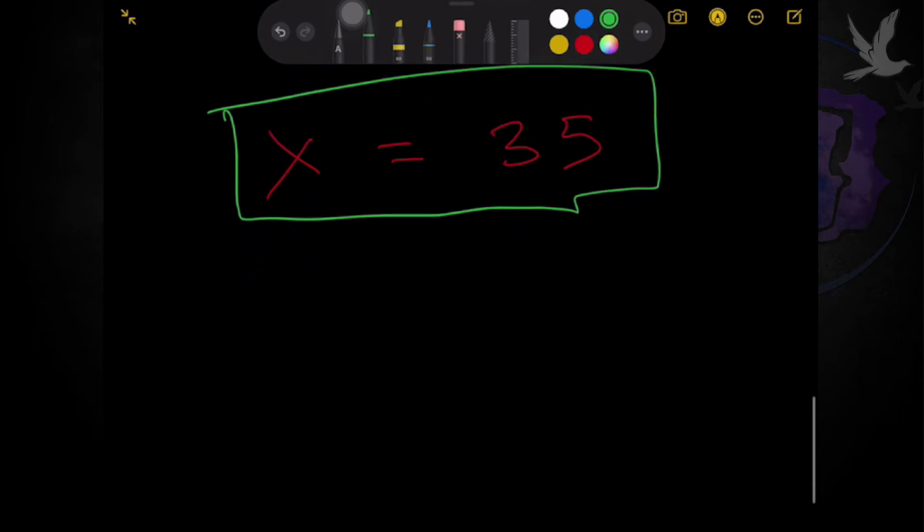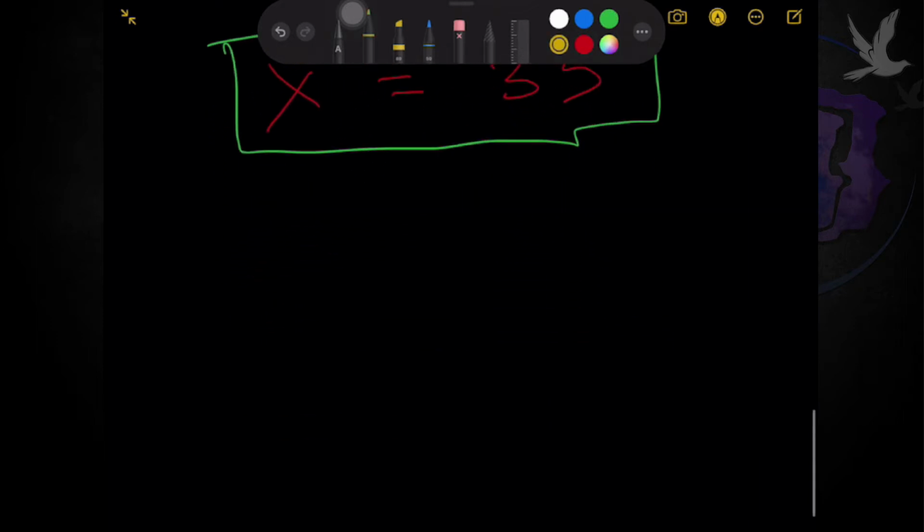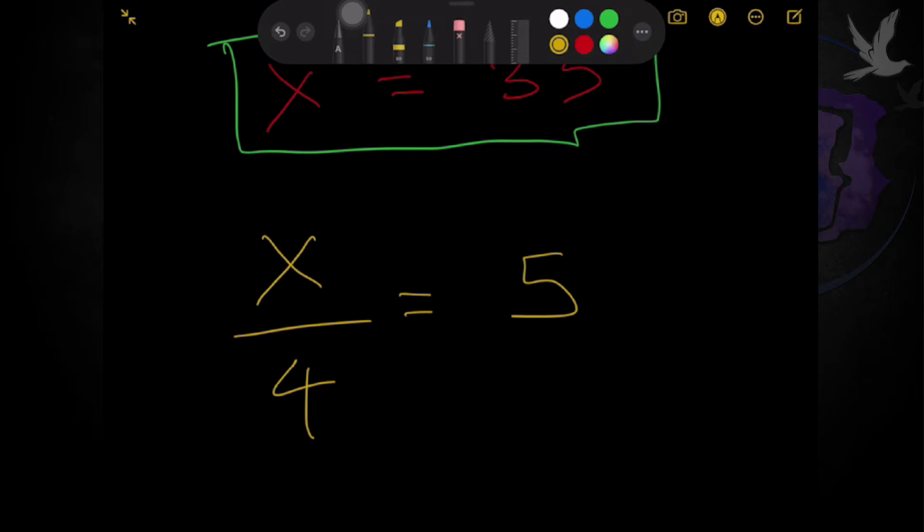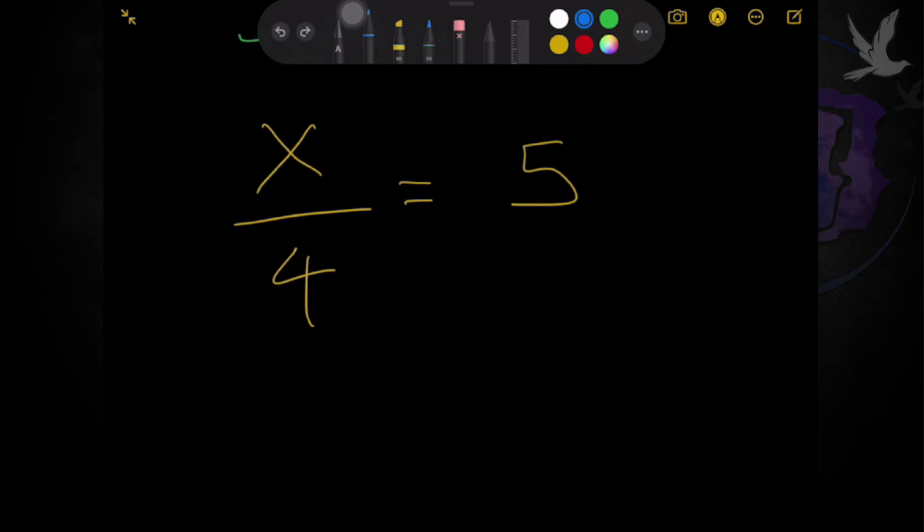Then again, just to show you the process, no? Meron tayong x over 4 equals, let's say, 5. Okay. So, kung mapapansin nyo again, x is alone. May over 4 siya, pero what I mean is, walang coefficient si x. Wala siyang 3x, walang 2x, walang 5x. Alone lang siya. So, madali itong pinaka-simple sa lahat.